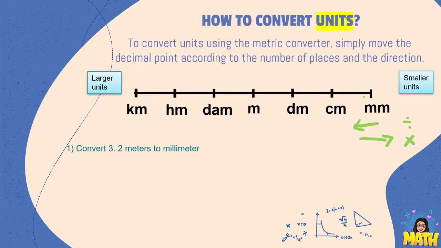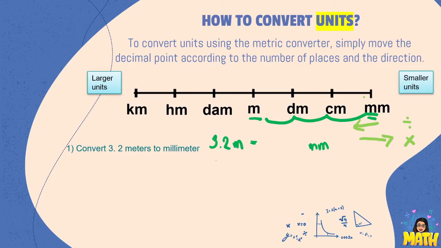So let's have an example. Convert 3.2 meters to millimeters. So we have 3.2 meters and we're going to convert it into millimeters. So nandito ang ating meters and ito naman ang ating millimeters. So, ilang units away yan? 1, 2, 3.